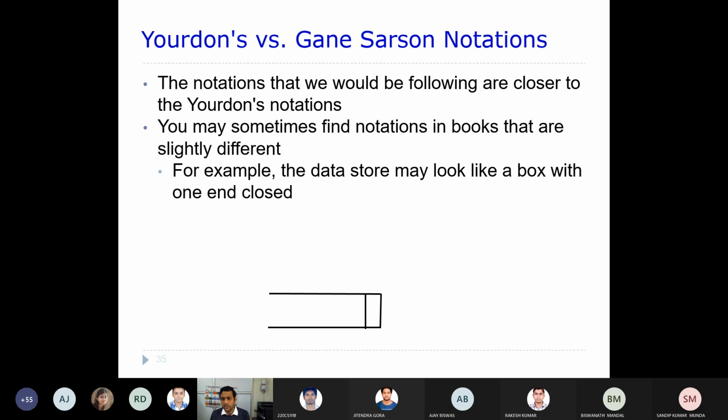Other notations on the internet are developed using different methodologies. There are 5 methodologies, and they will have their own different notations, and it will create confusion for you. So always check that. Instead of this notation, you should use the 2 parallel lines. That is enough.